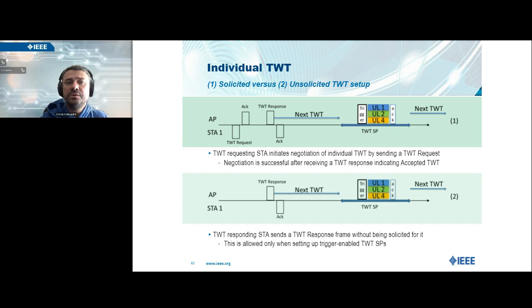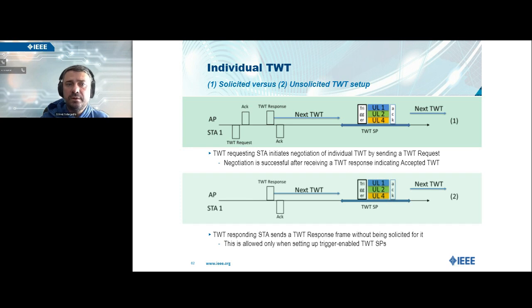And essentially, there is no expectation from the station to reject this particular session. However, as a station, you can still tear down and not operate in that mode. So this is essentially to give flexibility to the access point to allocate the stations in a time-coordinated fashion so that it can maximize the resources.